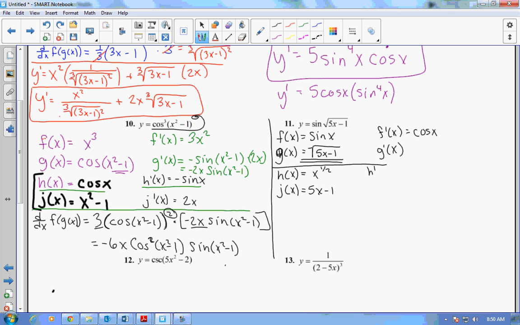H prime is 1/2 x to the negative 1/2. That's an easy thing to forget or to get wrong, is the exponent is 1/2 minus 2 over 2, which will be negative 1/2. J prime of x equals 5.